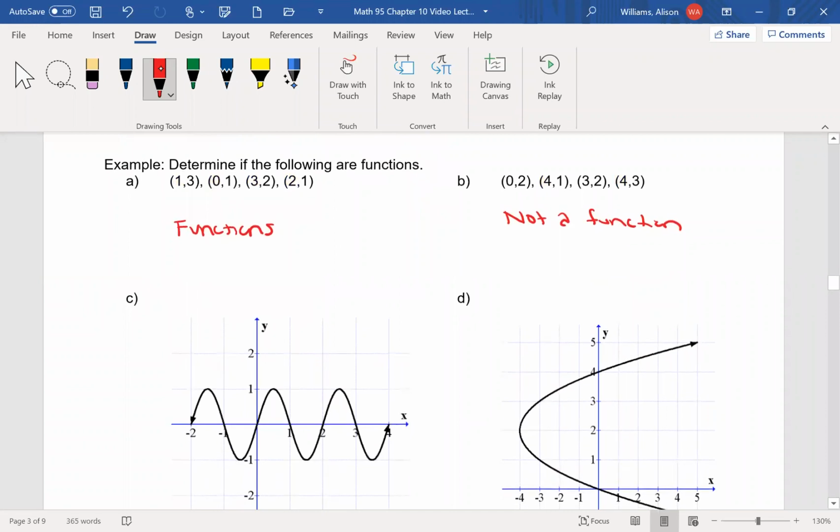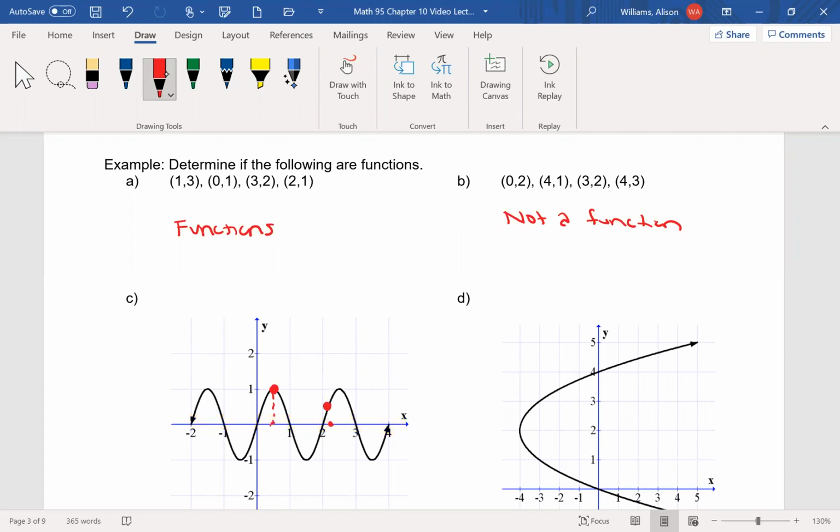Okay, let's apply that to a picture. So the idea is all of the x values are being represented here on the x-axis, and the y values are the outputs for each of these x's, right? So for this x right here, there's its output right there, right? And for this x right here, there's its output right there, okay?